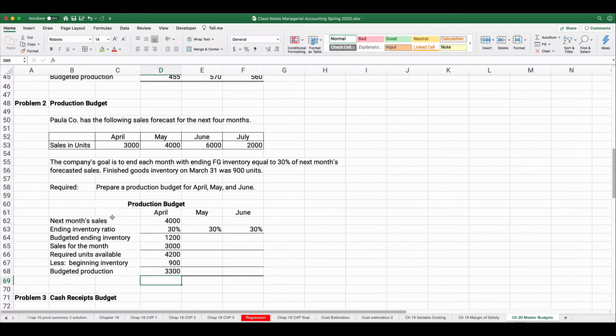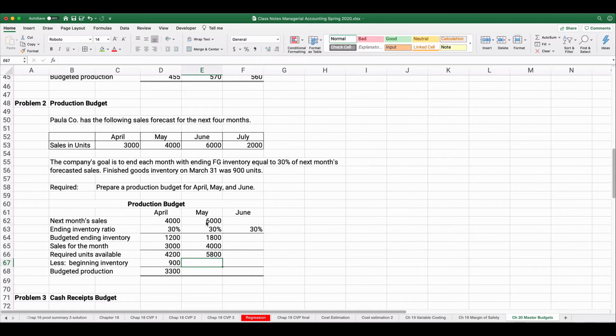All right, so let's keep going. For May, what is the next month's sales? Well, the next month's sales is 6,000. And 30% is what we want to maintain, so we can just multiply 6,000 times the 30%. The sales for the current month of May is going to be 4,000. So we need 1,800 plus the 4,000.